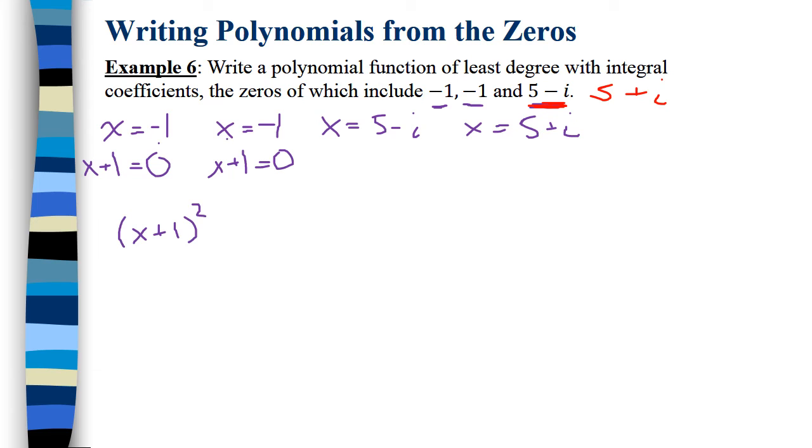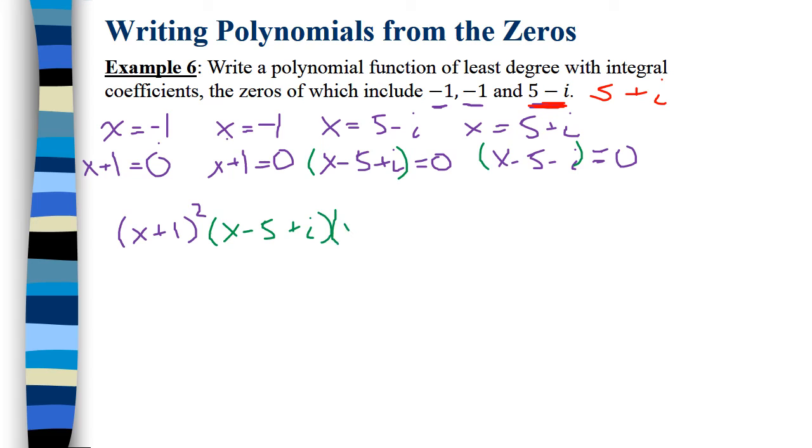So if we solve for 0, same process, so x minus 5 plus i equals 0, and x minus 5 minus i equals 0. Okay, so here are our factors, and we can go ahead and write that here. So x minus 5 plus i times x minus 5 minus i, and this is all going to equal 0.